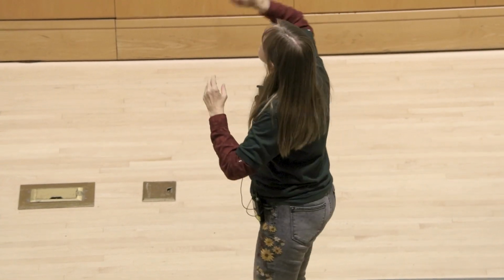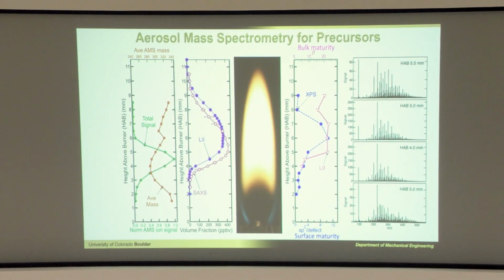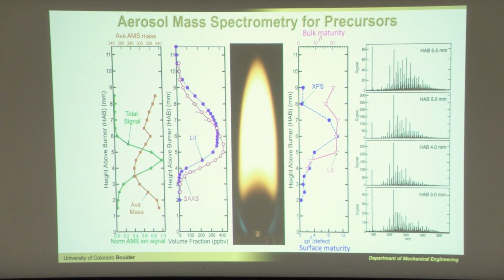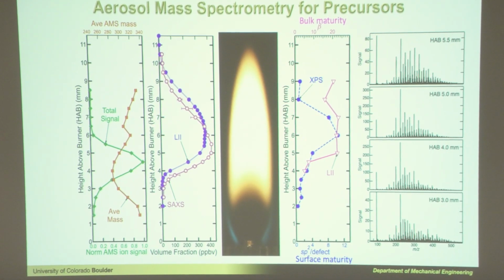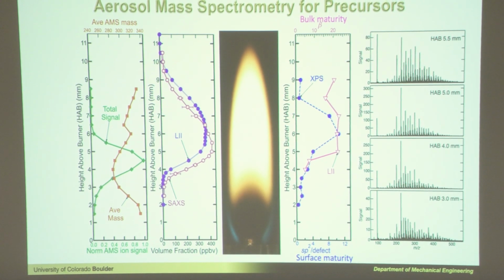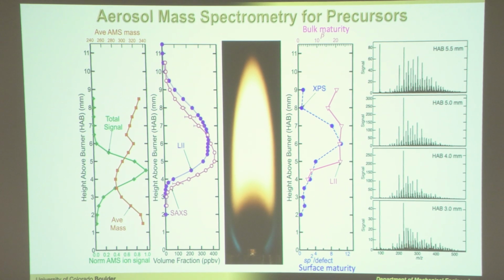So the average size decreases and then increases. You can kind of see this in the mass spectrum. At 3 millimeters, it's almost at the minimum, and then as you go up to 5.5 millimeters, you see it increases.